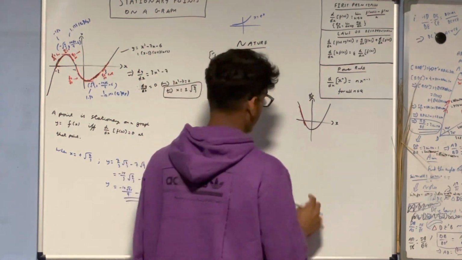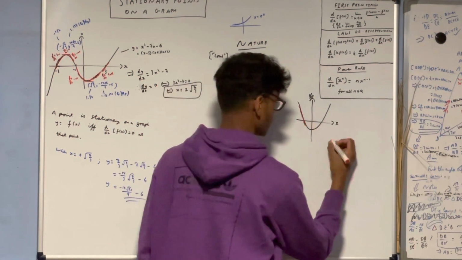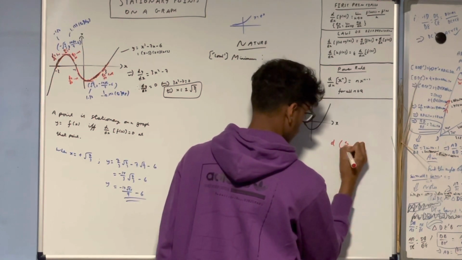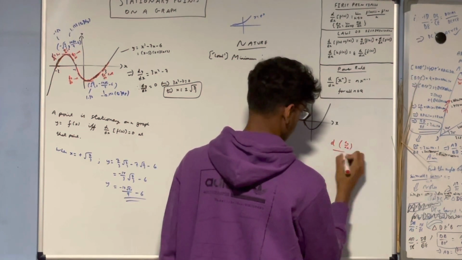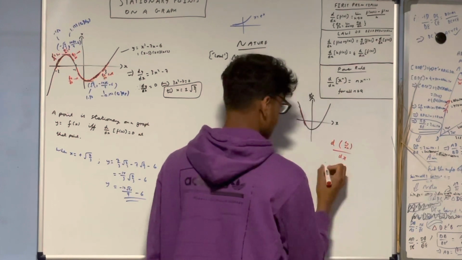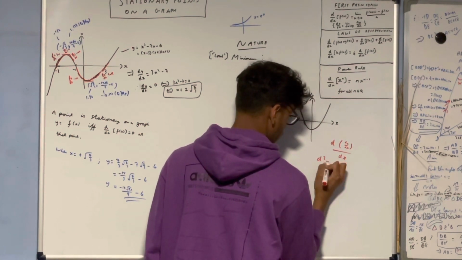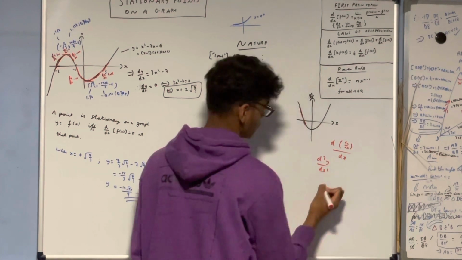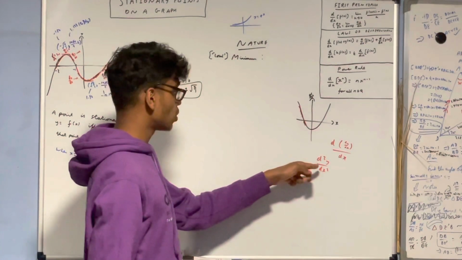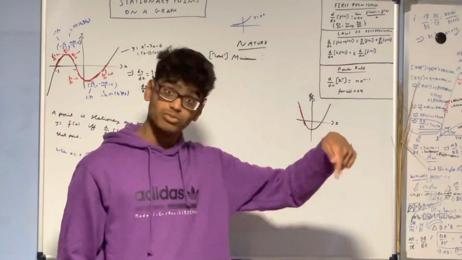And so we can find the rate of change of the derivative with respect to x. This is denoted as d squared y by dx squared. It's the rate of change of the rate of change of the graph.